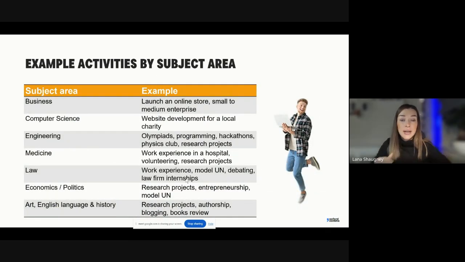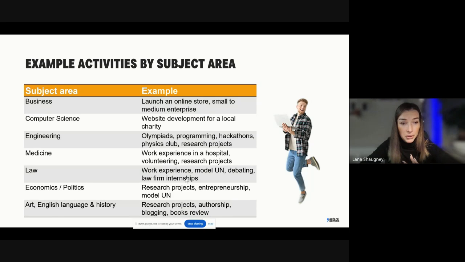So we've done a list of activities that you can do based on your subject area. For example, if you want to do business, an example activity could be opening an online store or a small to medium enterprise. So keep selling t-shirts and seeing how much money you can make. If you are wanting to do computer science, it can be website development for a local charity for free, but you do get that experience of real-life activity.